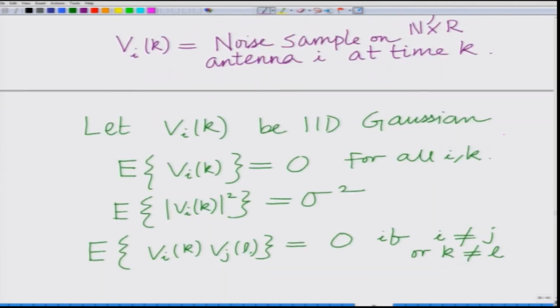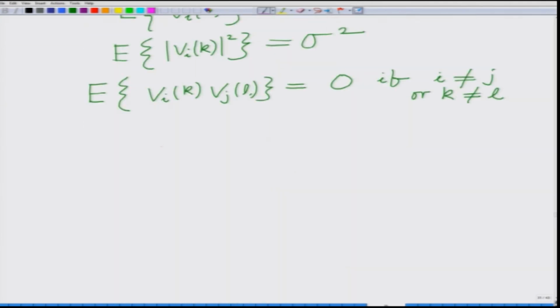I can write the noise matrix V as this collection of n row vectors; naturally it is an n cross R matrix with n rows.